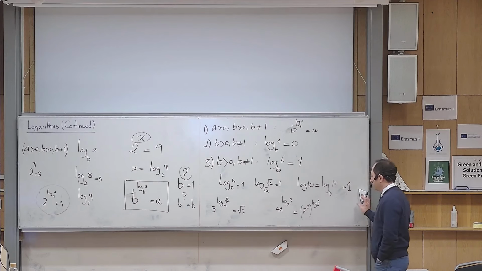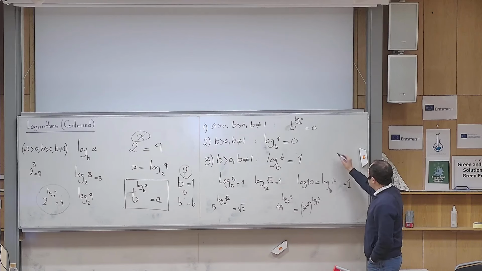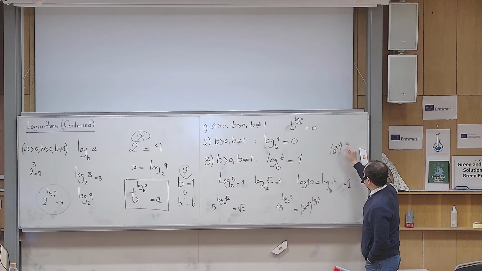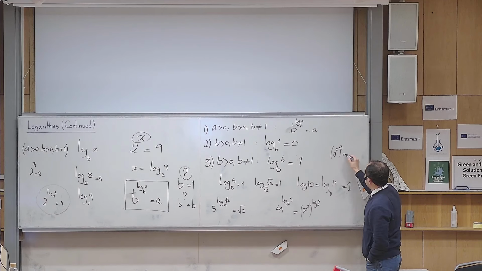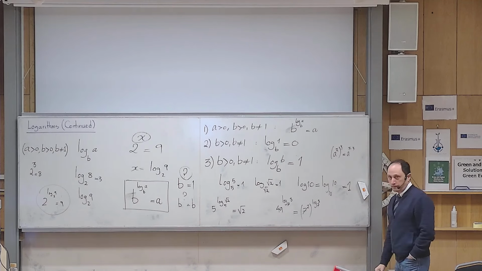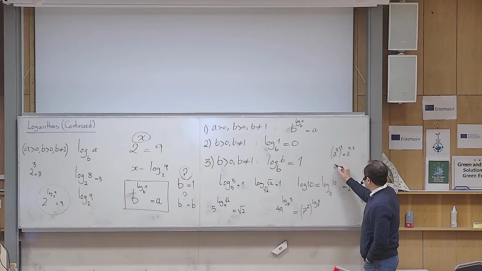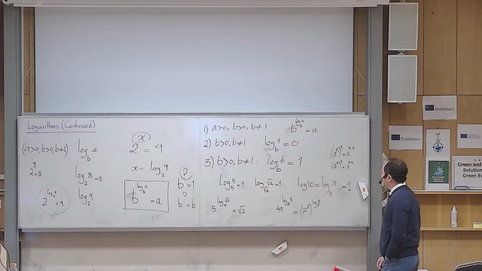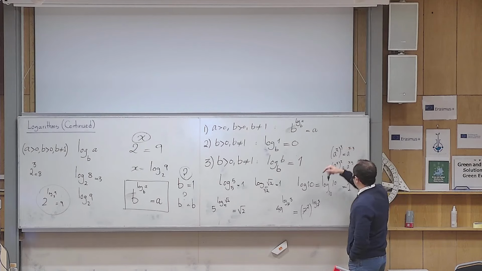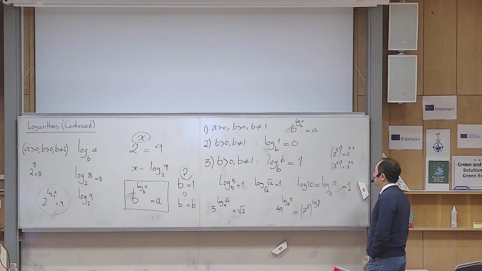Yes? But then we know something from Math 1c that if I have a to the power of x again to power y, what can I write? I can write a to the power of xy. Another thing, if I have a to power y to power x, what can I write? Again, a to power yx or xy. So it is a very important rule in logarithms to remember it in this way.